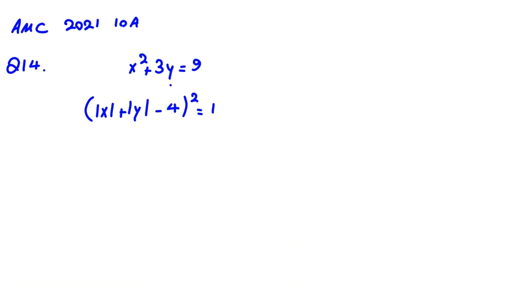Okay, I wrote this. Now from here, what can we conclude? When something is squared, for example, t squared is 1, t can be what numbers? T can be plus minus 1, so we have these two values here. Here we can say absolute value of x plus absolute value of y minus 4 equal to plus minus 1.